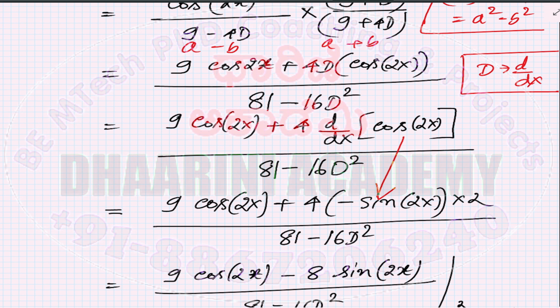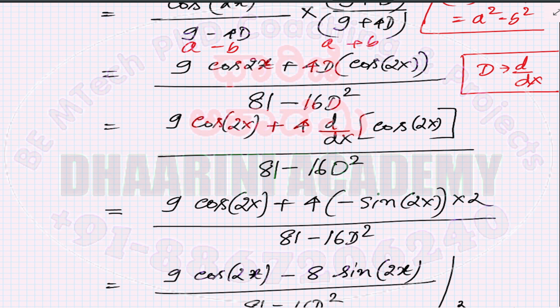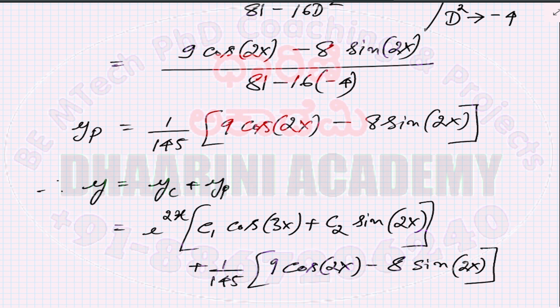Okay, now my next step is to simplify further. So simplify, 4 into 2 is 8, minus 8. So I have this term, and the denominator is still the same. Once you simplify the numerator, you can see that I can touch the denominator now by making the same substitution, because there is only D square.